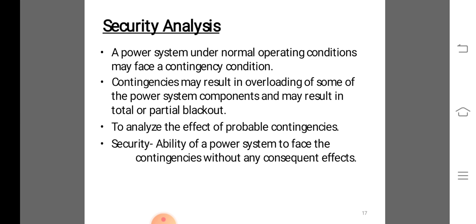Then transmission loss factors determine incremental loss sensitivities for generation units, and calculate the impact on losses if the output of a unit were to be increased by 1 megawatt. Then short circuit analysis determines fault current for single phase and three phase faults, for fault locations across the entire power system network.